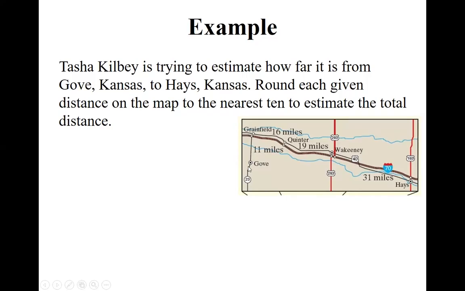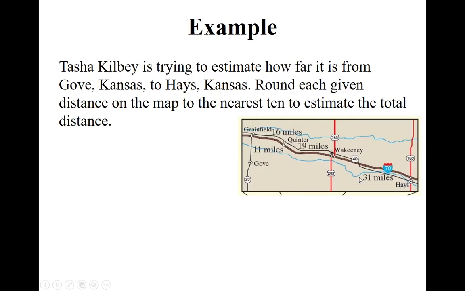I've never heard of either of these cities. From there to Grainfield is 11. From Grainfield to Quinter is 16. From Quinter to Wakeny, is 19. And then to Hayes is 31, all in miles.